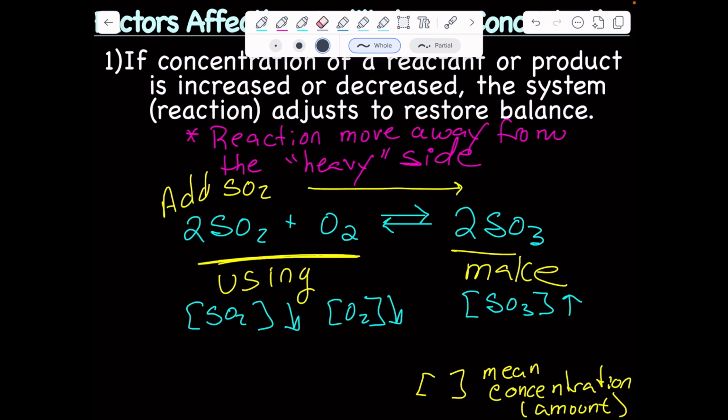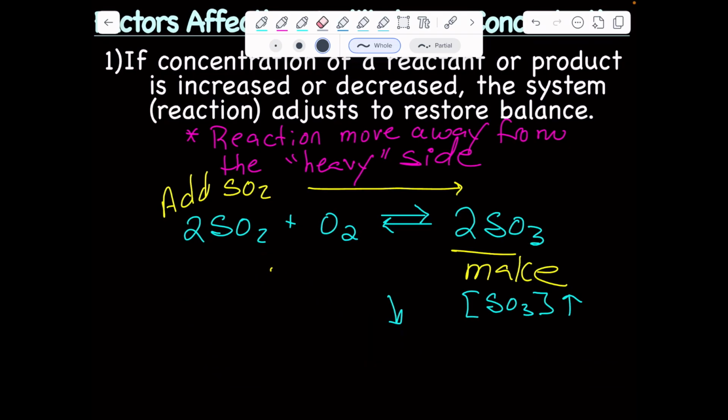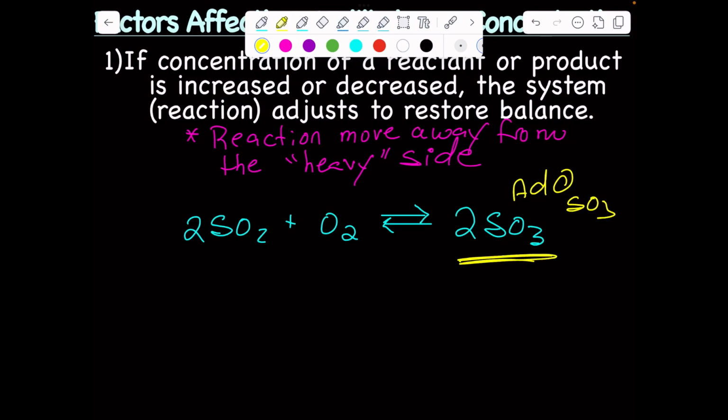Let's try another one. Let's get rid of this stuff. Okay, so now let's add some SO3. So now SO3 is the heavy side. So the reaction is now going to go in the reverse direction towards the lighter side.